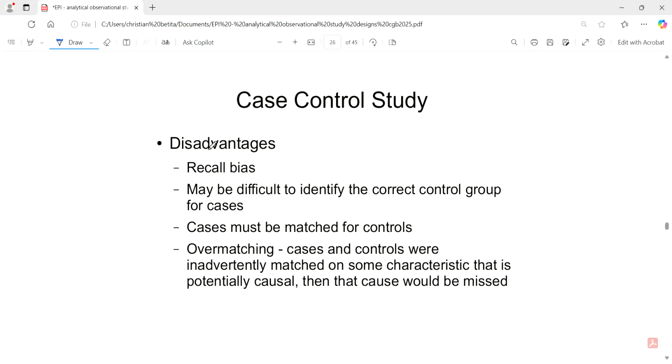Disadvantages of case control study include recall bias. It may be difficult to identify the correct control group for cases. Your cases must be matched for controls, and there is a situation where you may have overmatching, wherein the cases and controls were inadvertently matched on some characteristic that is potentially causal, and then that cause will be missed.